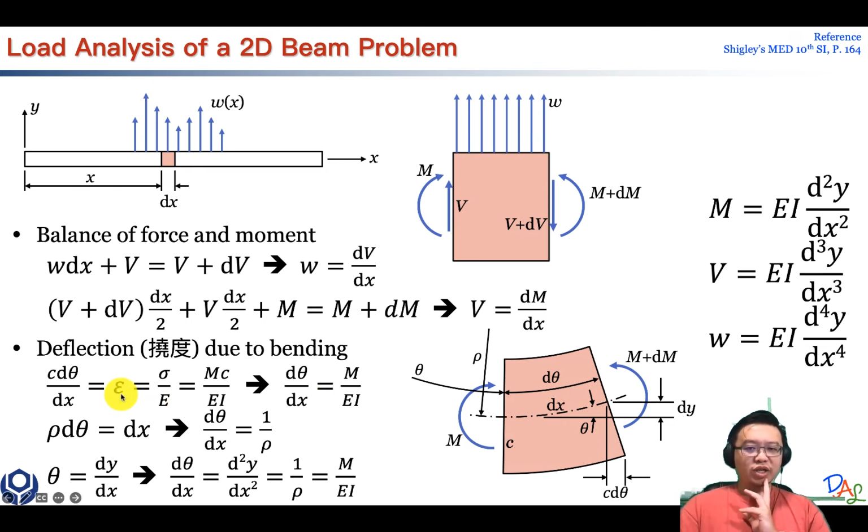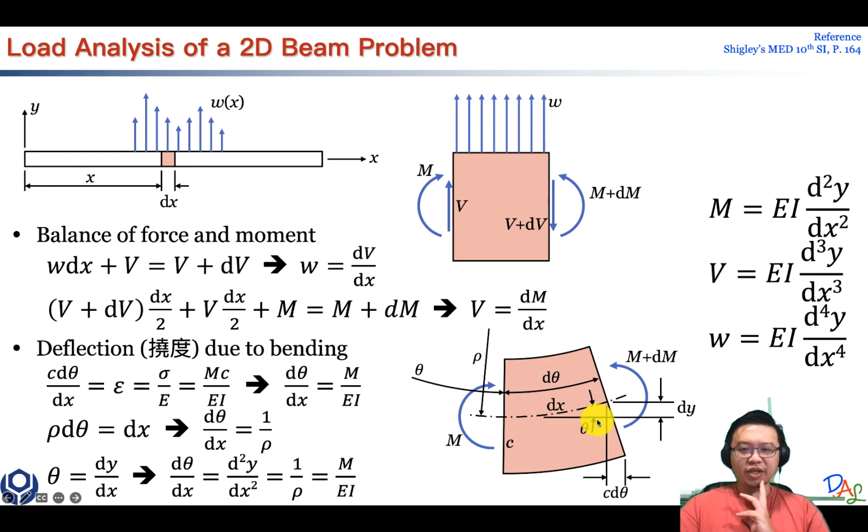First one, we will take a look at this part, c d theta over dx. So where is c? C is half of the height, and d theta is right here. This is d theta.